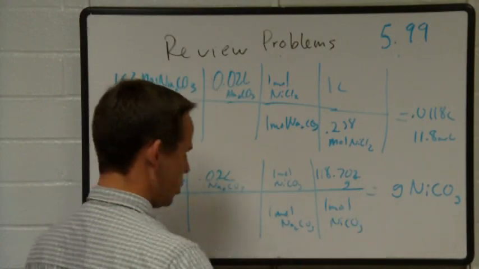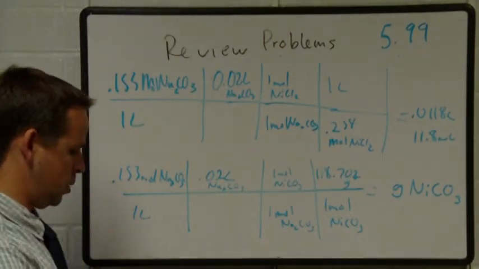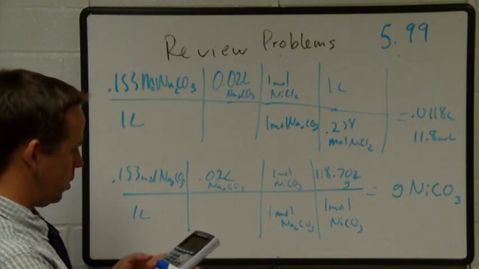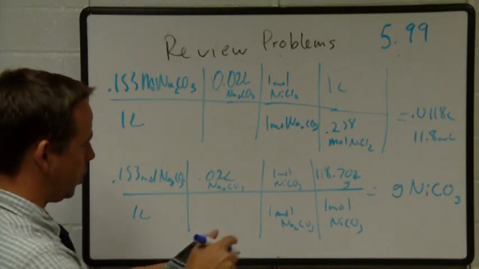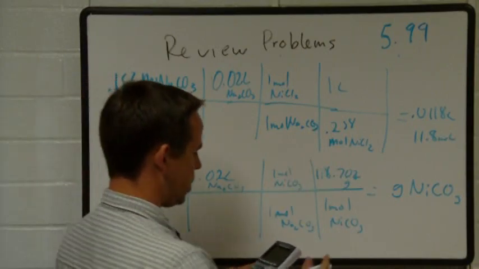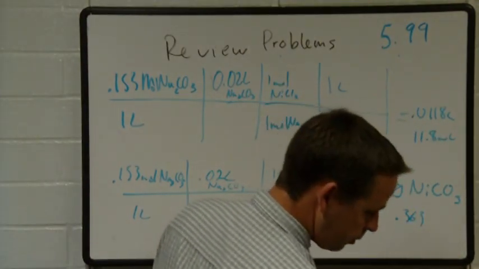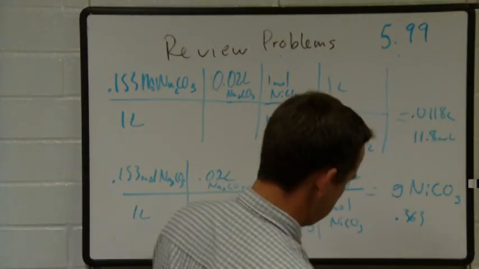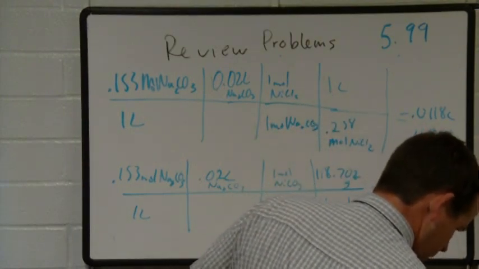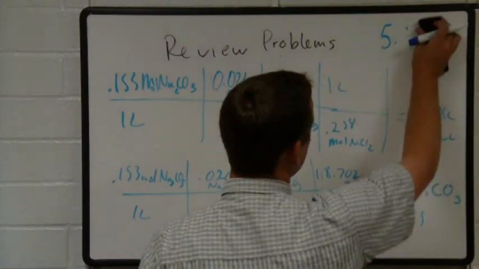So then we have 0.153 times 0.02 times 118.702. And that's 0.363 grams of nickel carbonate. 599, yeah. Okay, I got it. Okay, so that's 599, 5101.